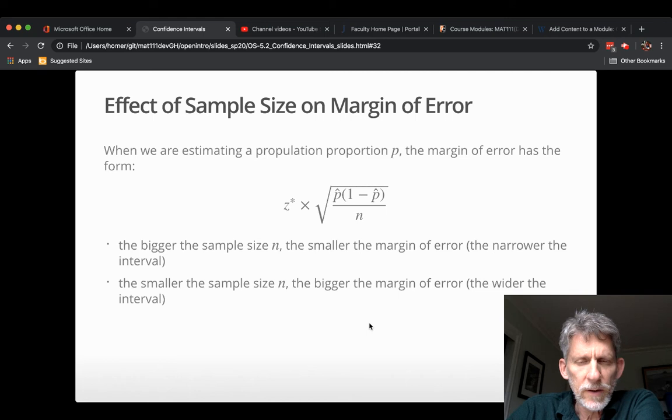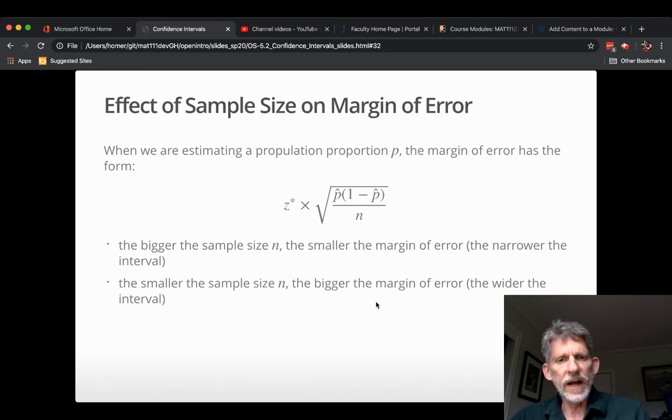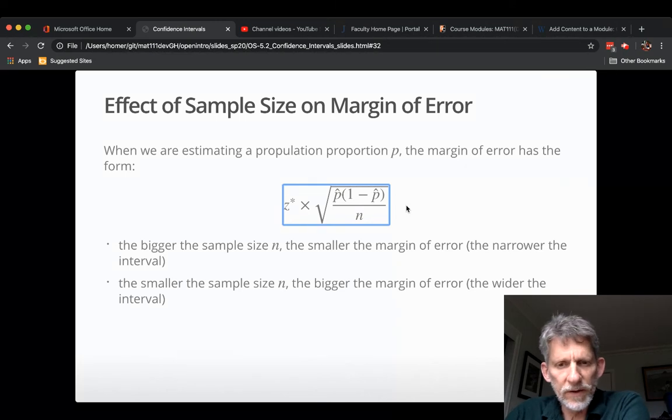So let's take a closer look at the margin of error and dive into the different sorts of things that affect how big it would be. When you're estimating a population proportion, the margin of error has this form because the square root of p-hat times 1 minus p-hat over n is the standard error for p-hat.